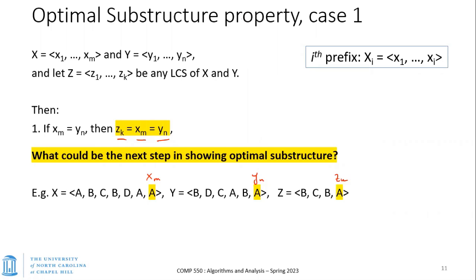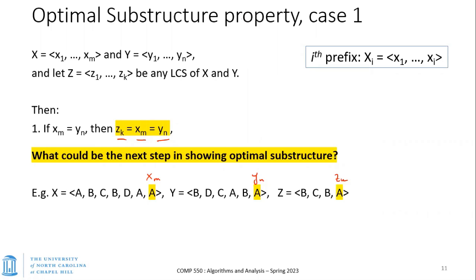So now, using that thought process, can you think about an optimal substructure for this particular problem? What can you say? We've tried to see if a subpart of this problem is also optimal.